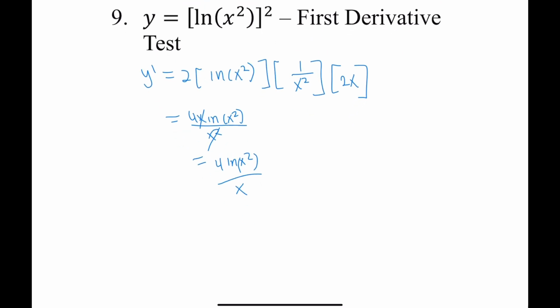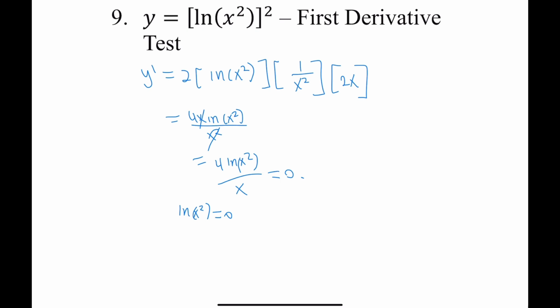So we're trying to find when this is equal to 0. Well, ln x squared equals 0.